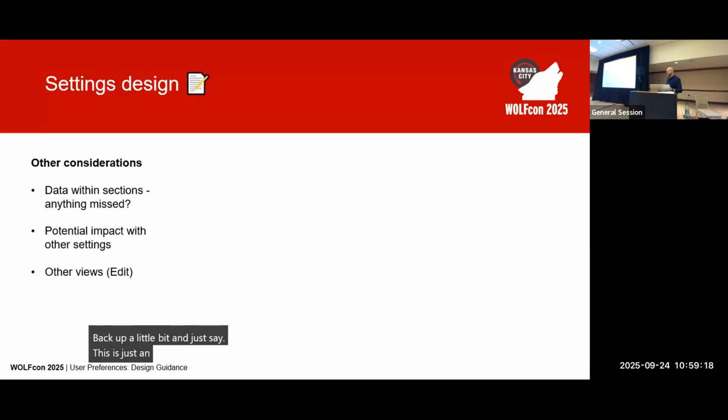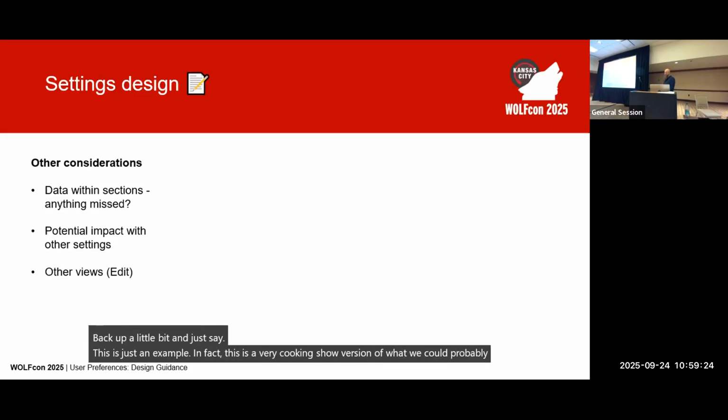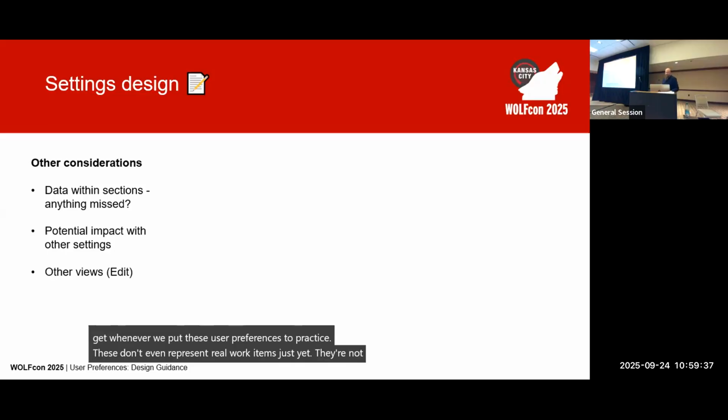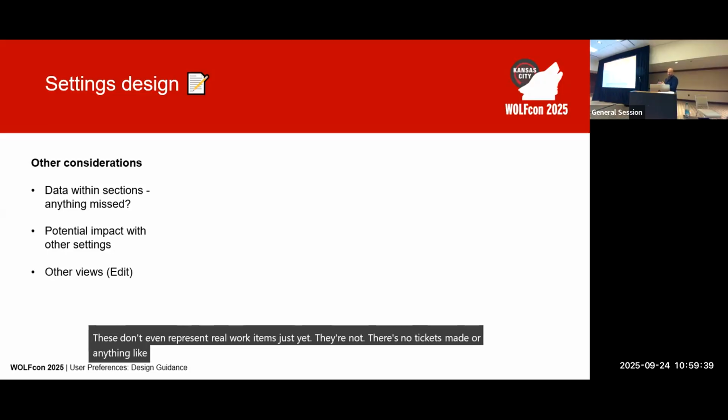In fact, this is a very cooking show version of what we could probably get whenever we put these user preferences into practice. These don't even represent real work items just yet. There's no tickets made or anything like that. So it's just to inspire.